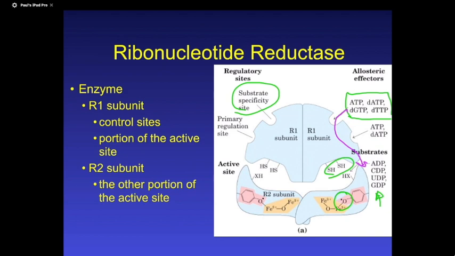So there's a connection between what's bound in the regulatory site and which one of those binds. And then primary regulation, meaning whether it goes fast or slow, is designated by either the ATP or the deoxy ATP, and the presence, trying to keep a balance.